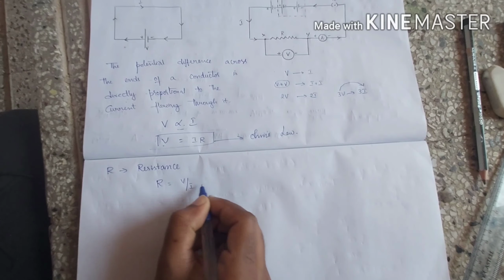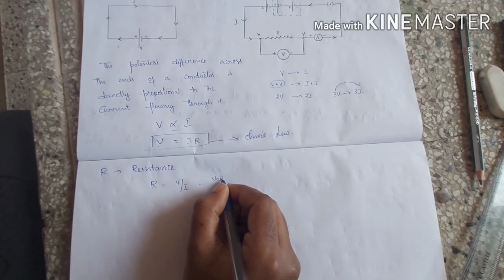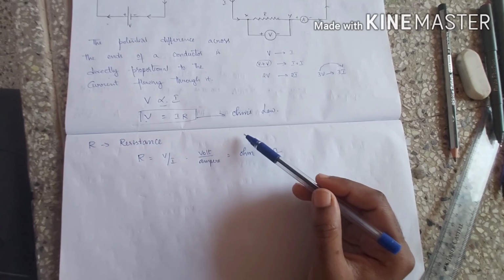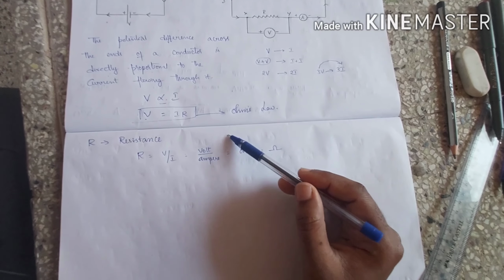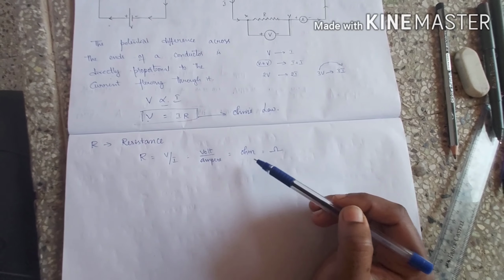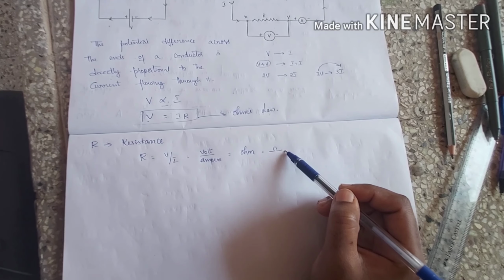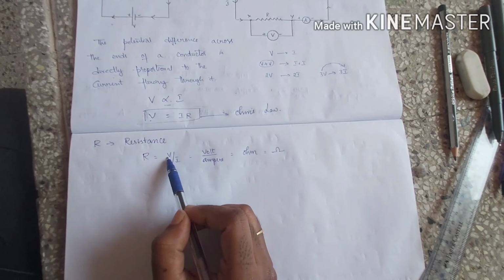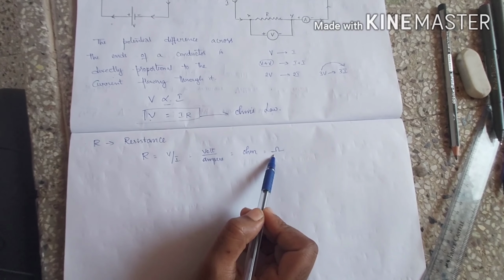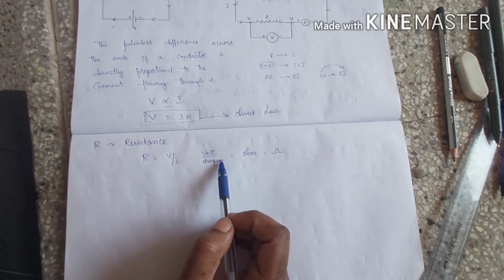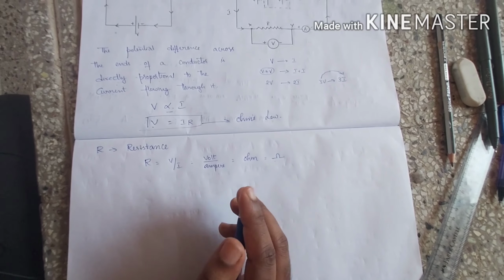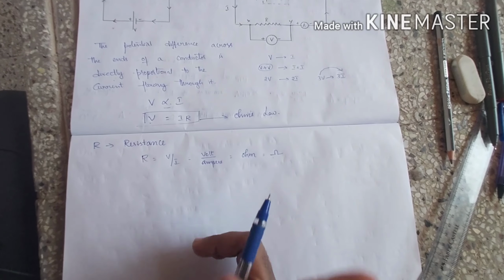R = V by I. Its unit is volt per ampere. This quantity is called ohm, represented with the Greek letter omega. Resistance is said to be 1 ohm if a potential difference of 1 volt will make the flow of current 1 ampere.